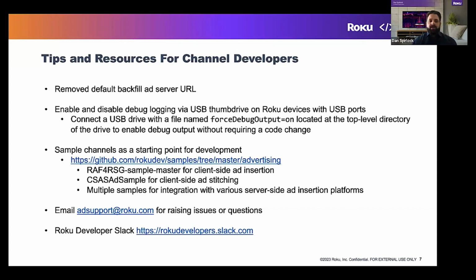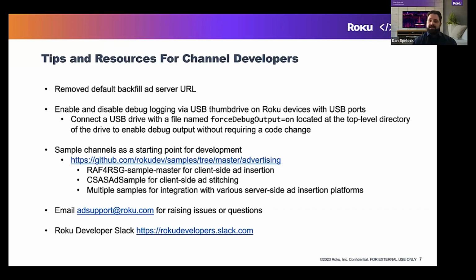Also wanted to call out that we support enabling and disabling debug logging through USB thumb drive on Roku devices that have USB ports. So the Roku Ads Framework provides an API for turning debugging on and off, but it can be cumbersome to have to make a code change to and build and deploy just to enable or disable debug logging.